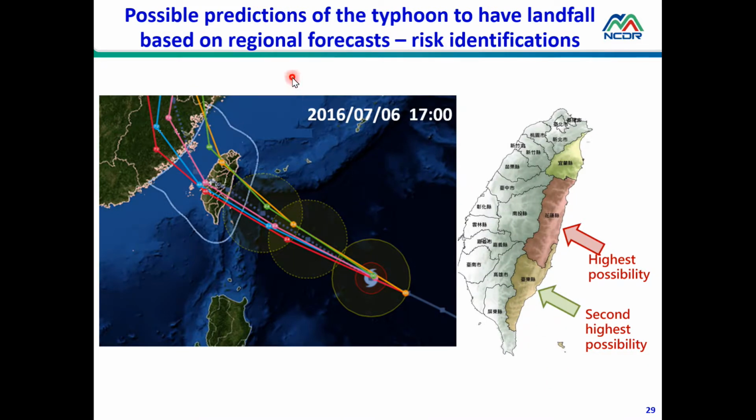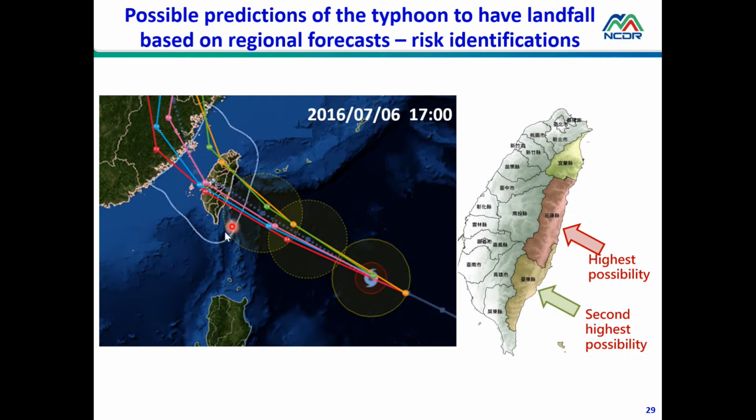We also predict where landfall will occur along the East Coast. Based on the prediction, we highlight two areas. First is Hualien, with the highest possibility, and the second highest possibility is landfall in Taitung County. Why do we forecast the highest and second highest possibility?